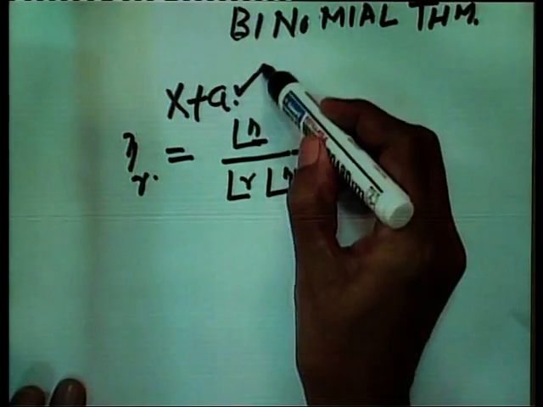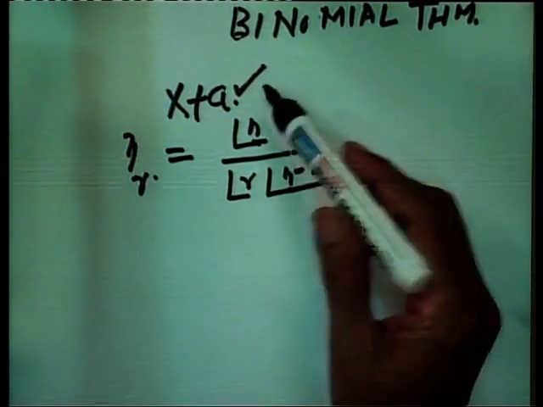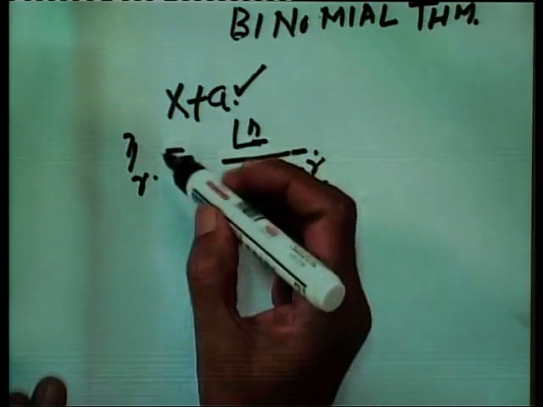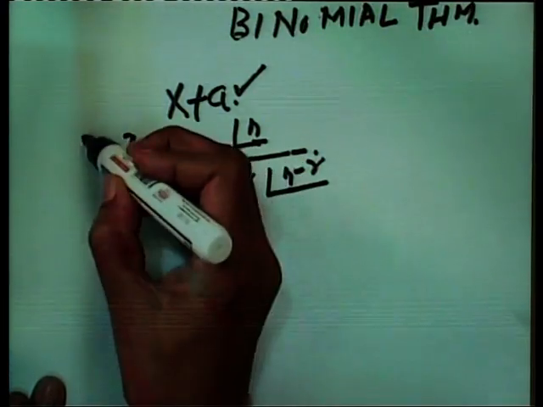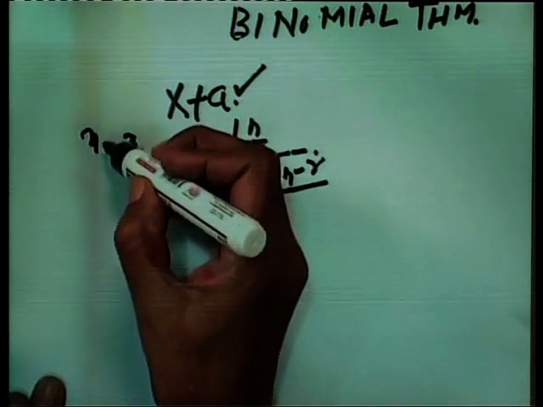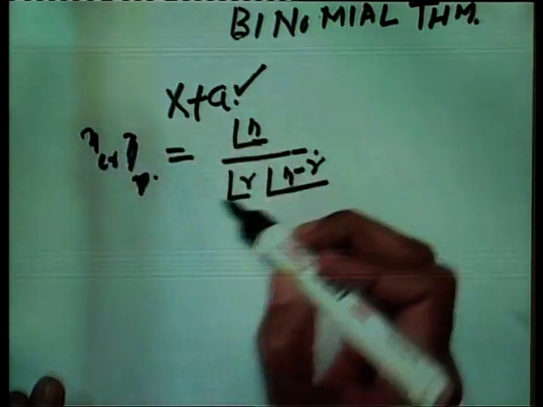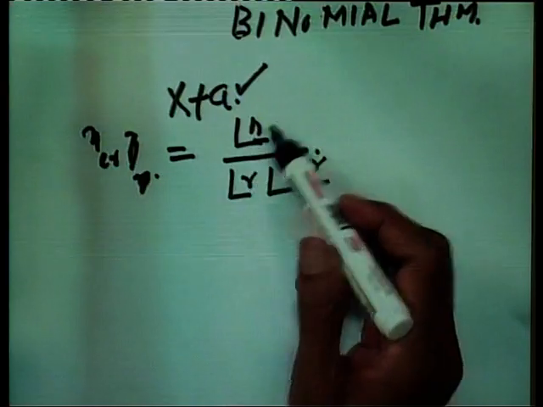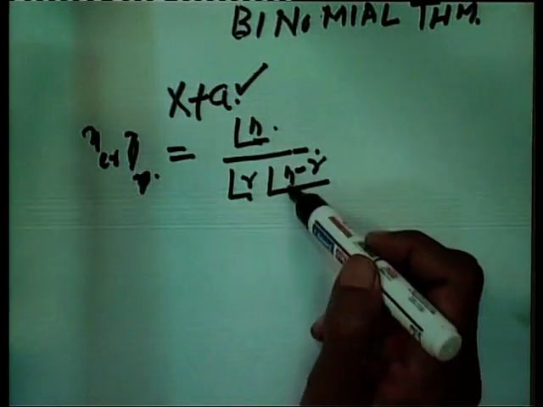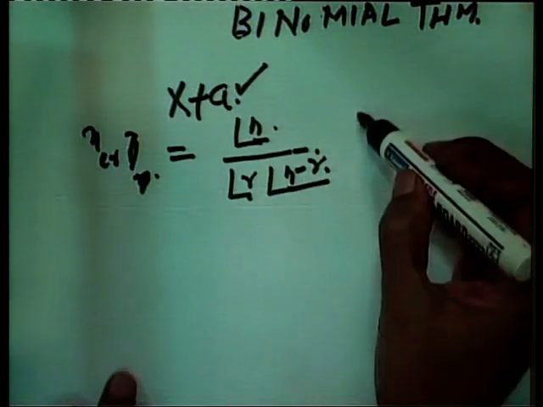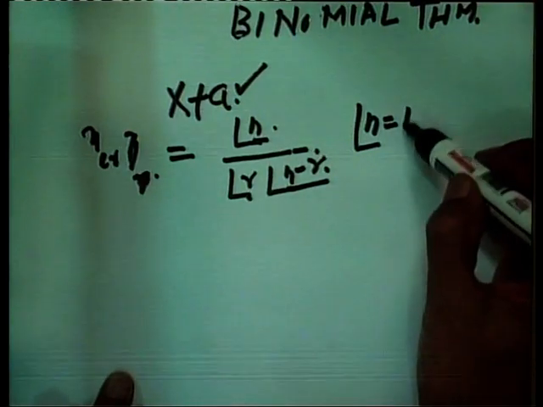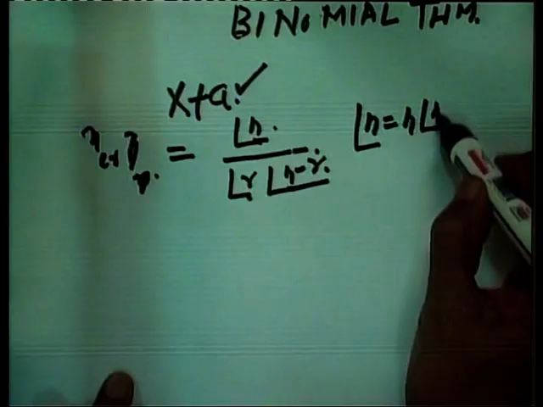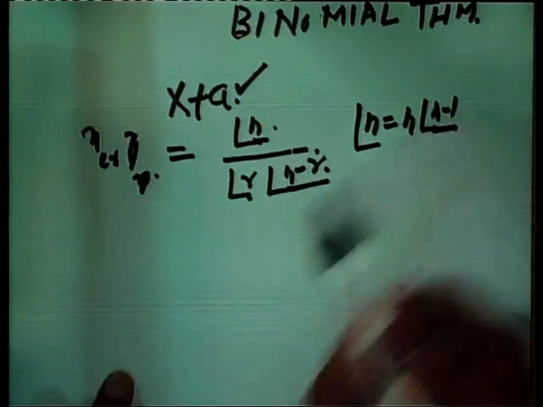So, this type of expression is a binomial expression. These are simple notations, where you define factorial n is equal to n into factorial n minus 1.